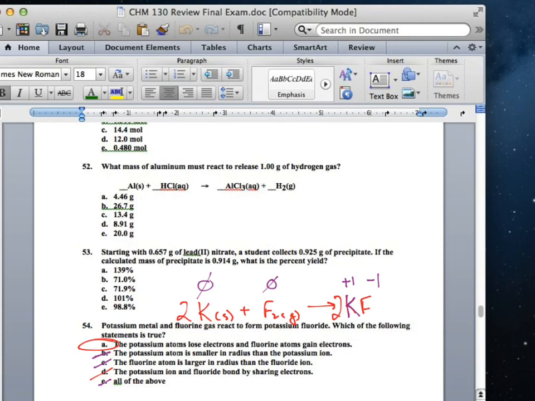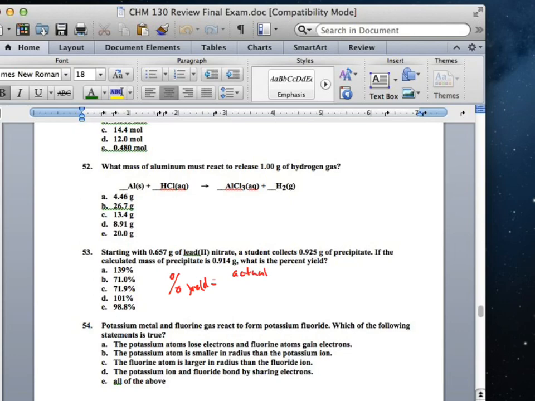Starting with 0.657 grams of lead-2 nitrate, a student collects 0.925 grams of precipitate. If the calculated mass of precipitate is 0.914 grams, what is the percent yield? Good place to start. Your percent yield is your actual over theoretical, times 100%.